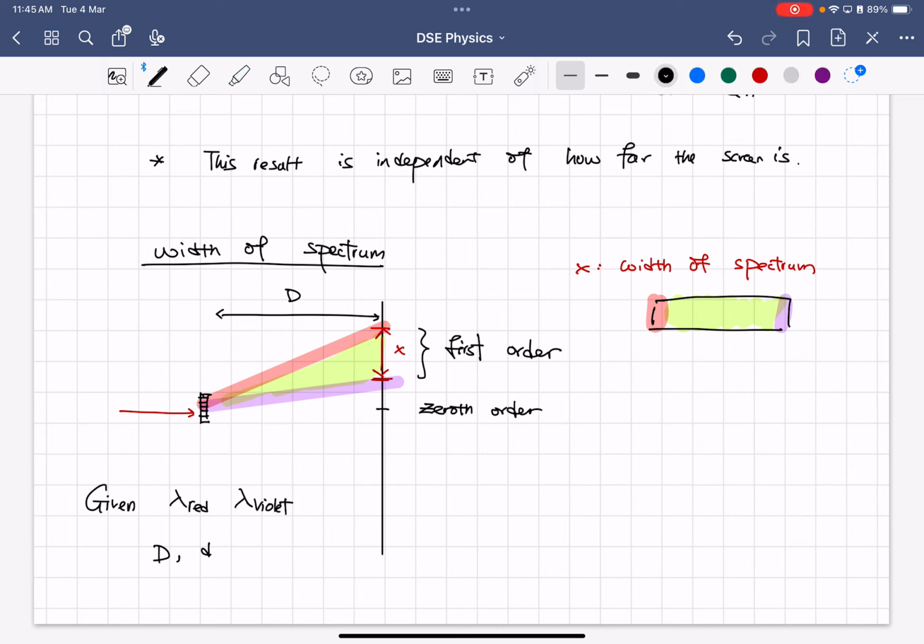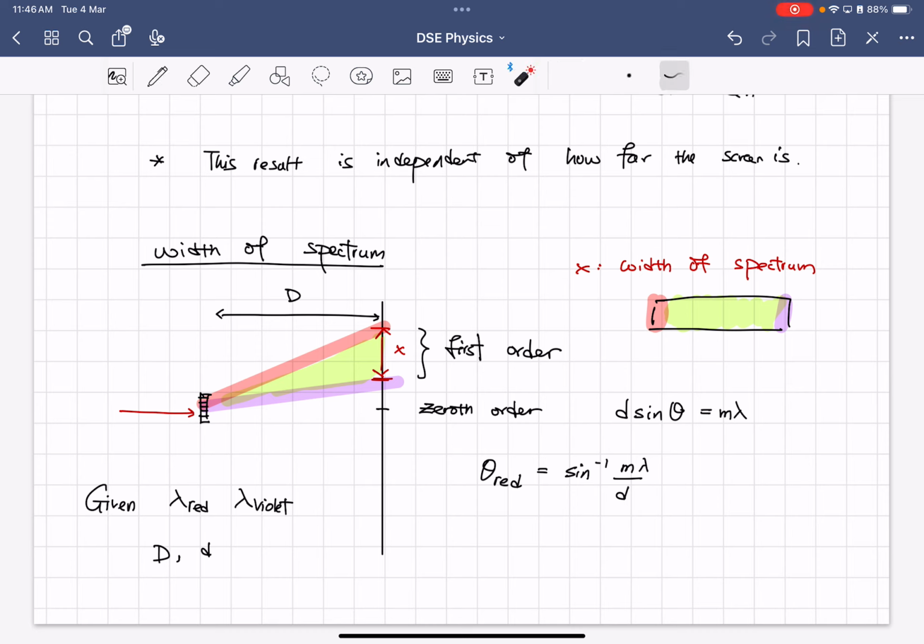Well, the starting point is you still use the equation for the diffraction grating first. Now, I can find the angle for different colors of light. For red light, I can find the angle, which is arcsine of m lambda over d.